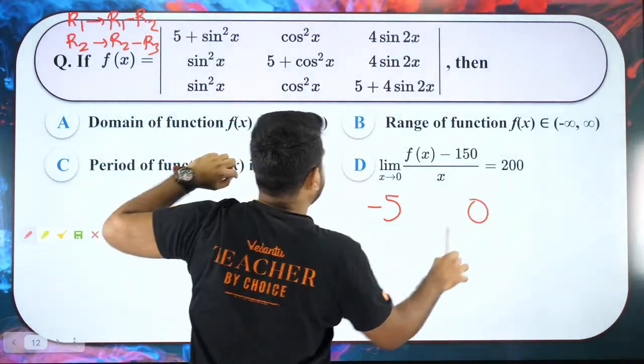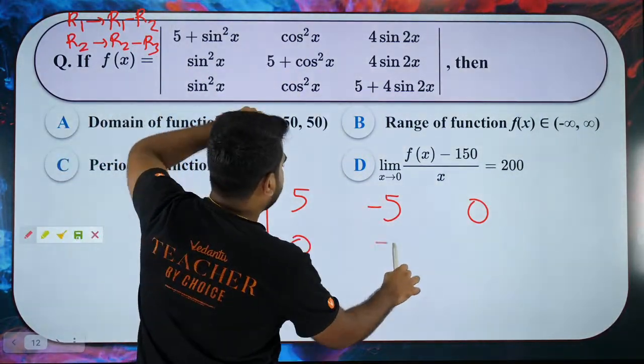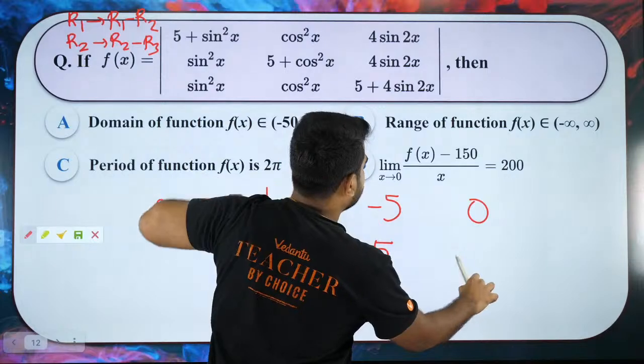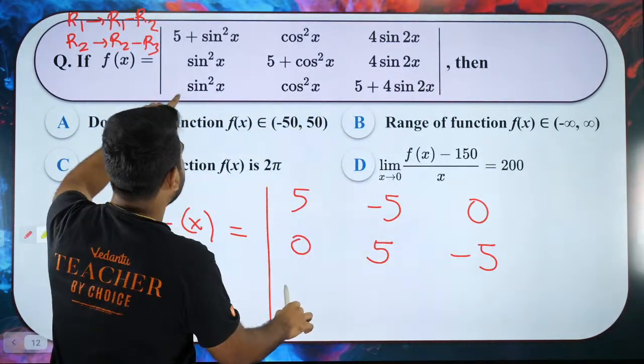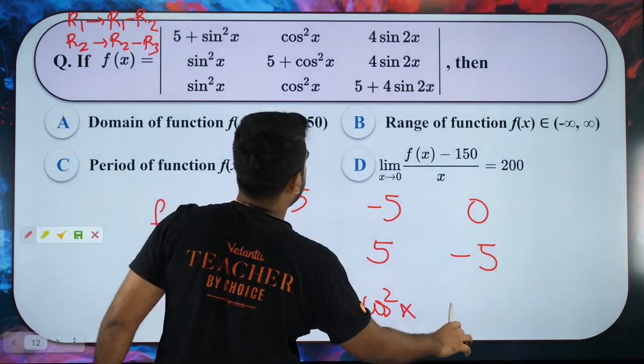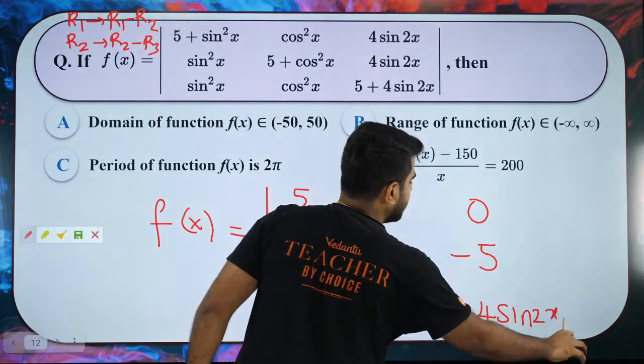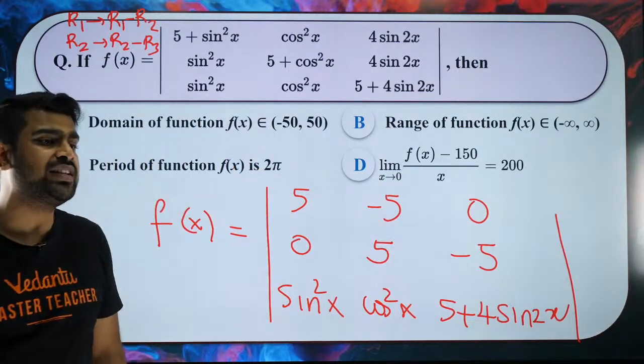R2 minus R3 means 5, and minus 5. Then here I'll have sin square x, cos square x, and then 5 plus 4 sin 2x. Are you all clear with it? Can you tell me the value of f of x now?